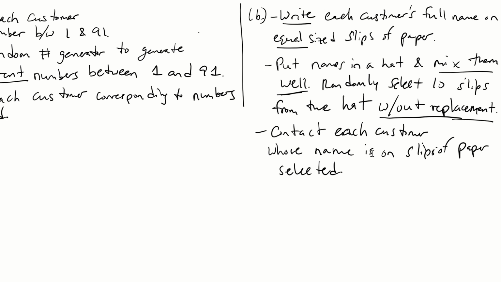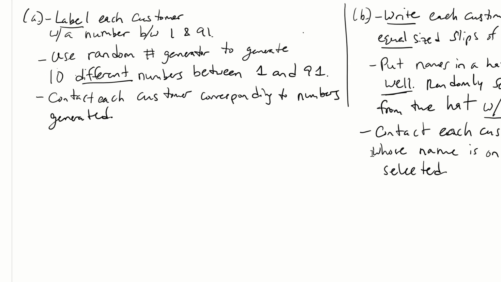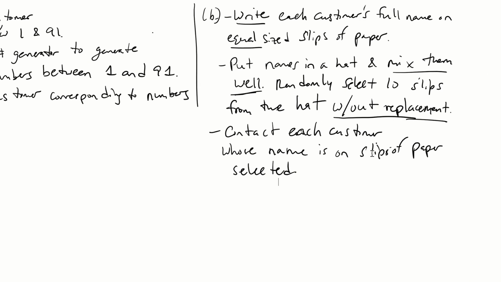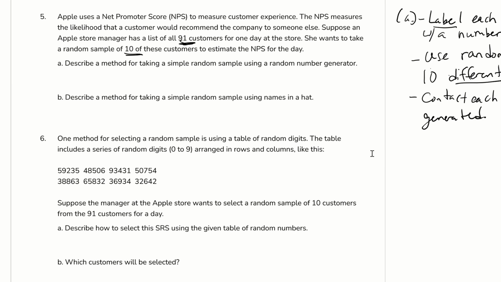All right, so there's a well-detailed 3-step procedure for describing it. Depending on the method, if you're doing technology, label the customers with numbers. If you're doing paper, write each person's name on equal size pieces of paper, and so on and so forth. There's a method to this.